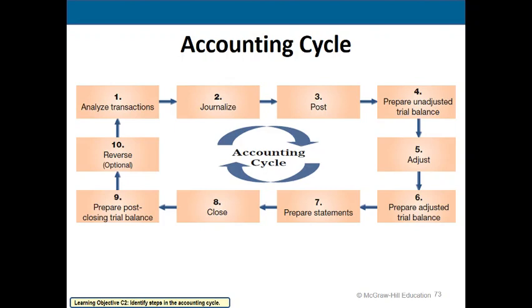And so we've gone through this, but we haven't pointed out necessarily that that's what we were doing. We were going through this accounting process or cycle. So recall that step one starts with analyzing transactions, usually through source documents.